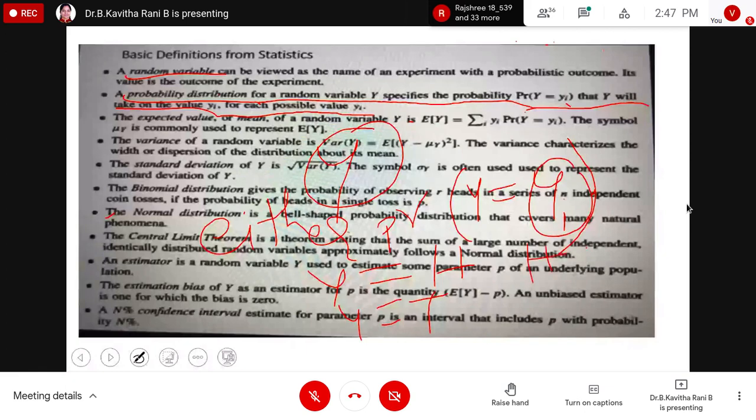Now consider performing two coin tosses. You are doing the experiment by using two coin tosses, so tossing the coin two times. So what are the possible outcomes you will get?